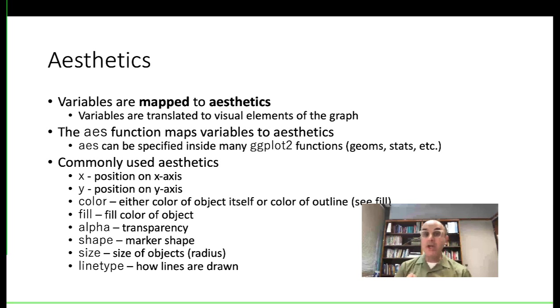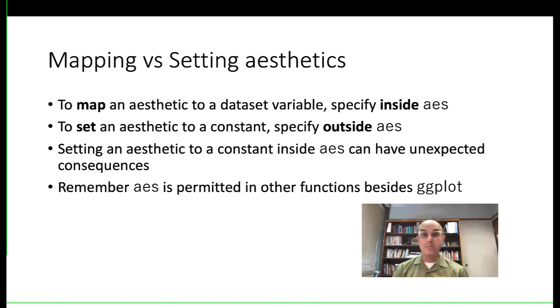The common uses of aesthetic are: where is the X position, where is the Y position, what color, what is the fill of the object, what is the alpha, which is the transparency of the object, what is the shape, what is the size, and what is the line type. All of that is part of the aesthetics of ggplot2.